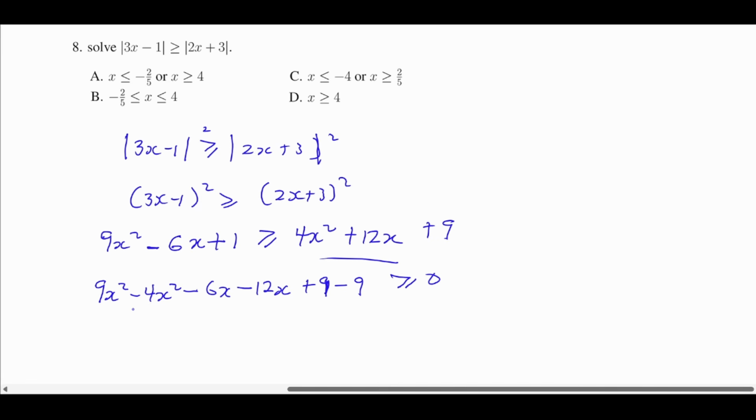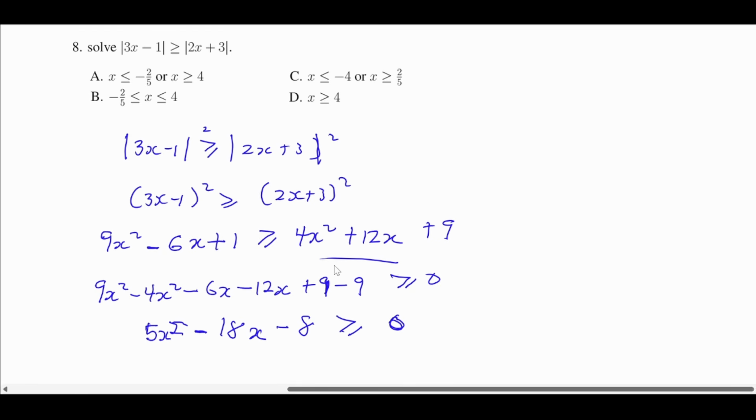Now if I do the math here, I have 5x squared minus 18x, and then when I do the math here, I'll get minus 8 greater than or equal to 0. Now two numbers we multiply to get negative 8, but when we add them, we get negative 18.